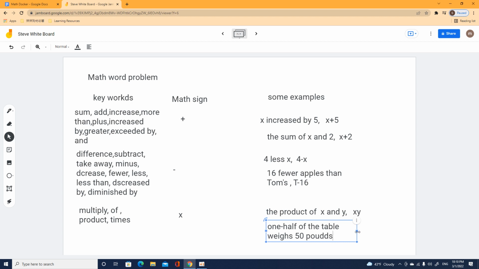You use t to express the table's width. So that means 0.5 multiply t equals 50, where t is the table width. So that is about multiplication.